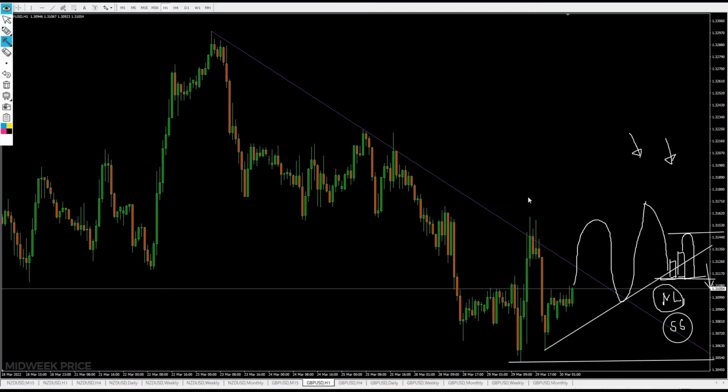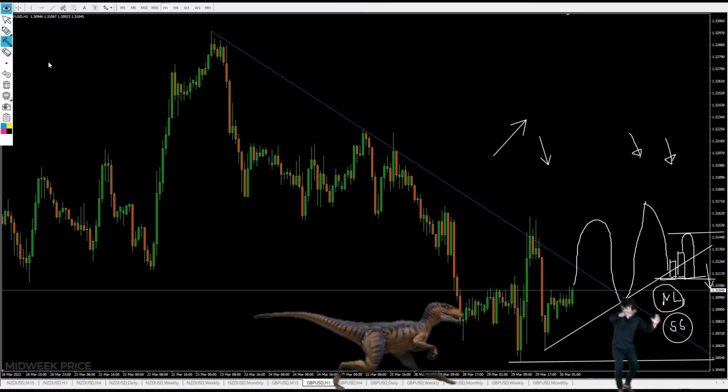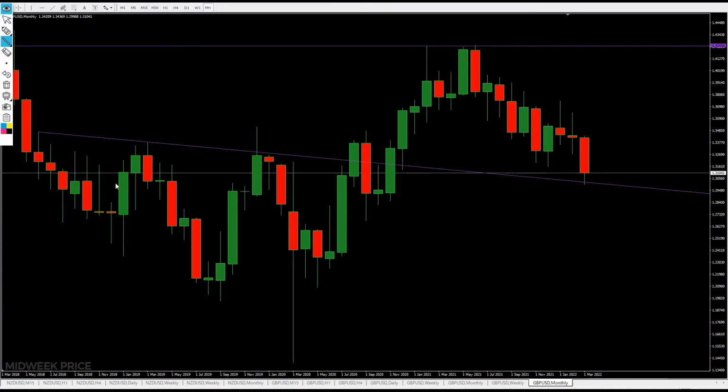Okay, and moreover, like I mentioned in the weekly forecast, the pound dollar, in my opinion, in the long term, is long biased. However, in the short term, there is still a lot of short strength left. So let me go ahead and explain that to you. Let's go over to the monthly chart. Okay, so on this monthly chart, try drawing this trend line from this pivot to this pivot right here.